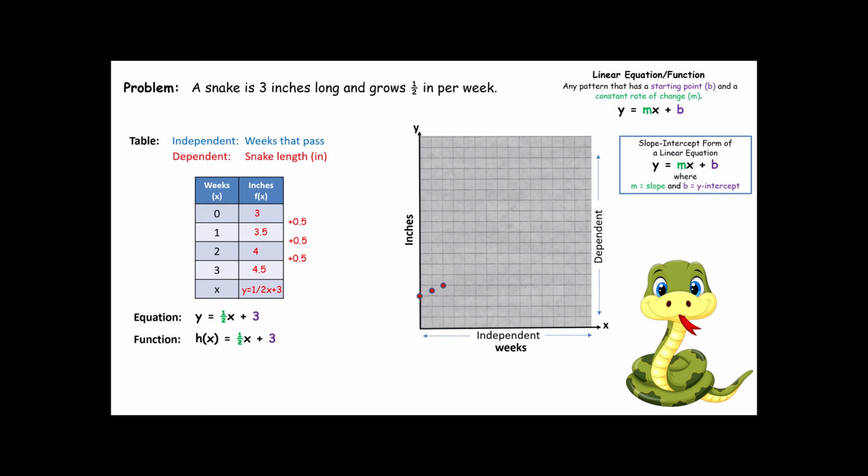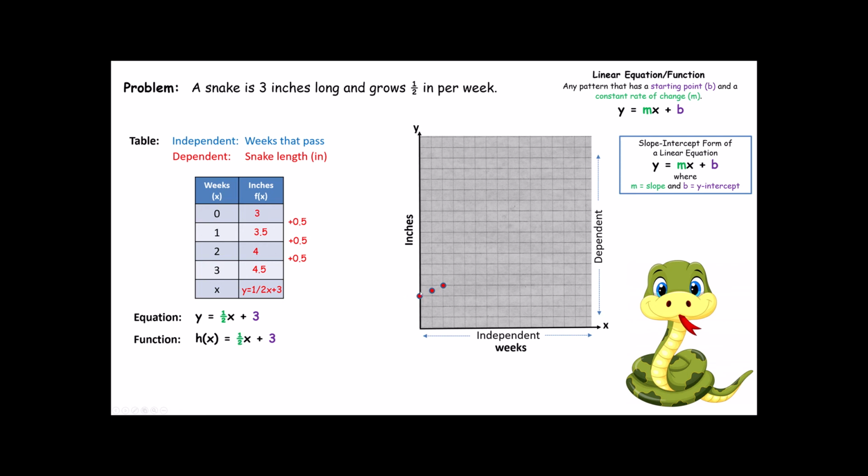Now, I'm going to pause here and point something out to you just really quickly, and that's this. Did you notice that going up a half over 1 is uncomfortable or inconvenient? A lot of my students don't like that, but I want to show you something cool. Up a half over 1, this slope is the same as up 1 over 2, a rise of 1 and a run of 2.